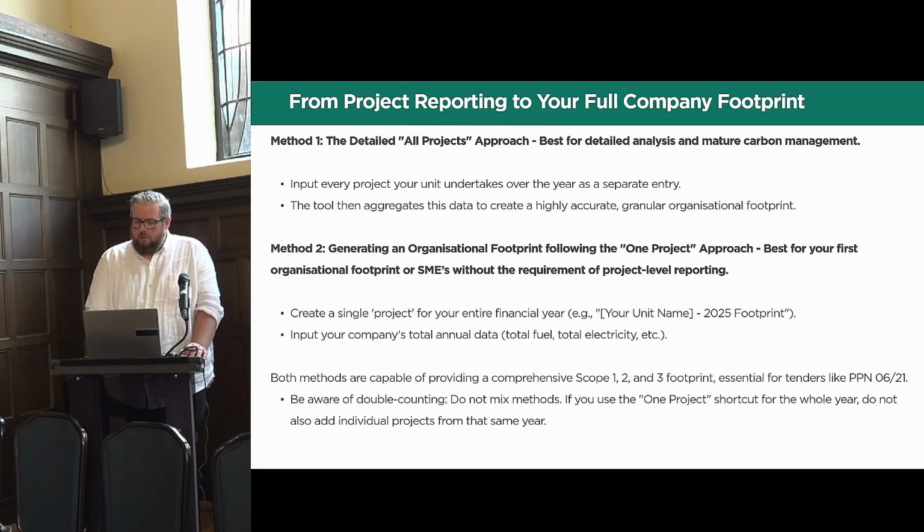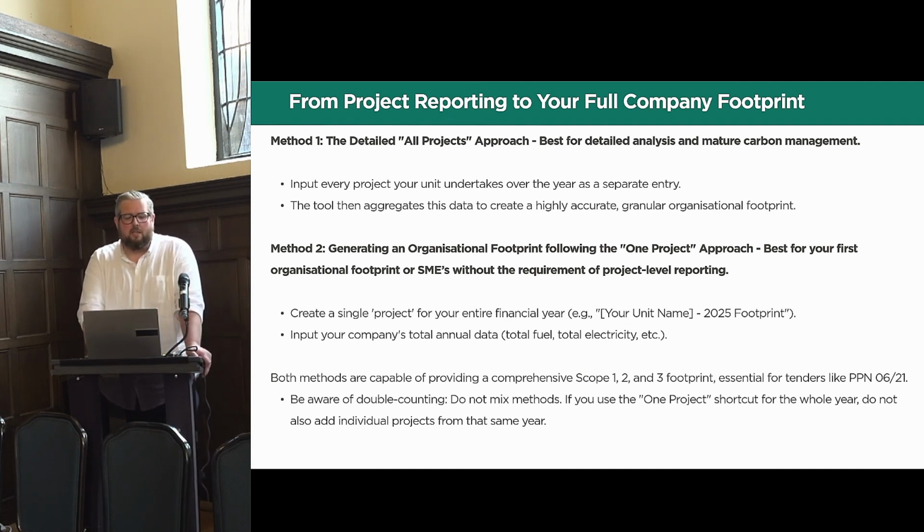So again, your two approaches: detailed, where you input every project your unit undertakes over the year as a separate entity and the tool aggregates that. Alternatively, just create a single project and put in the total annual data, and be careful not to do both, because if you do both, you're counting every project and your annual, you're double counting, and giving yourself more work than you need to.